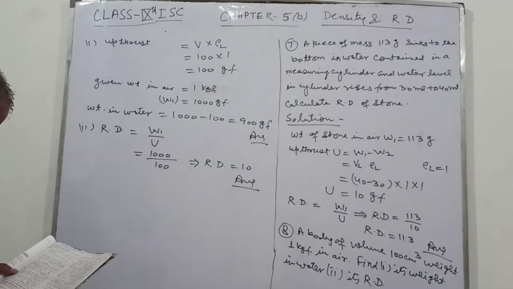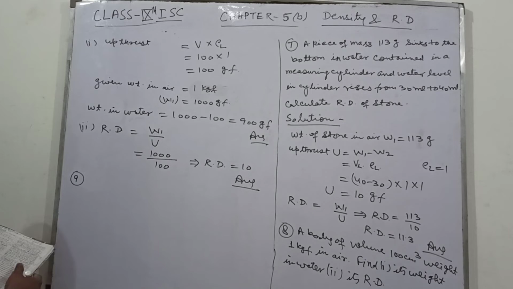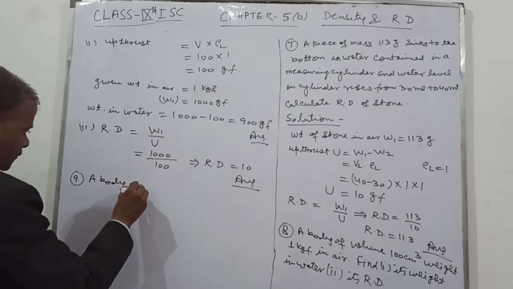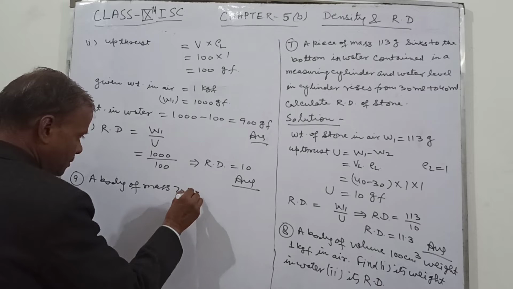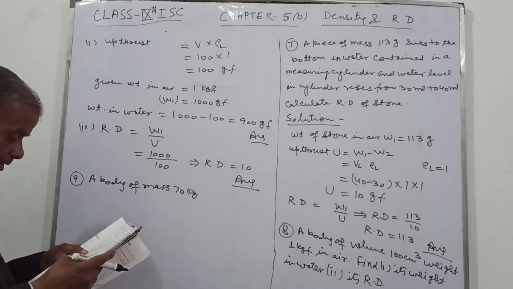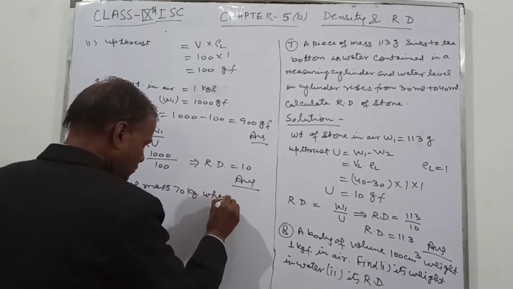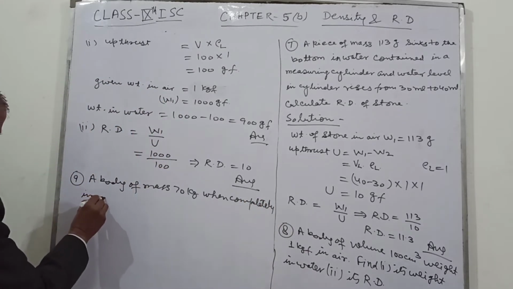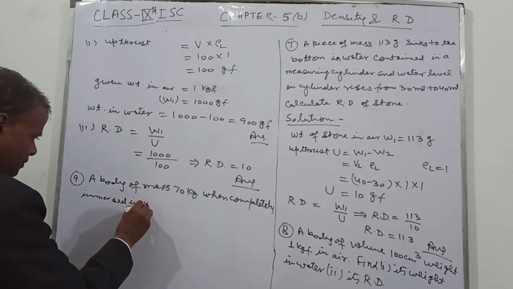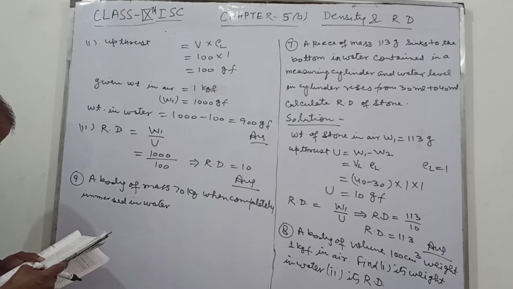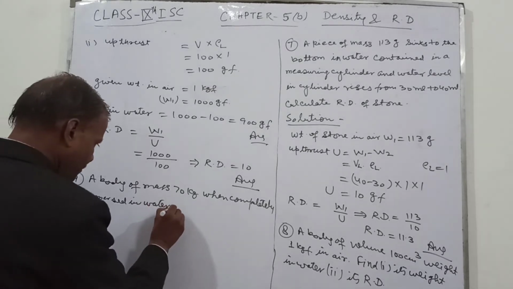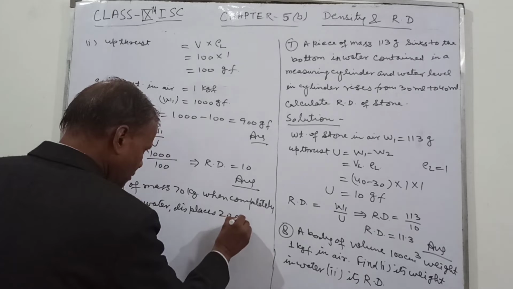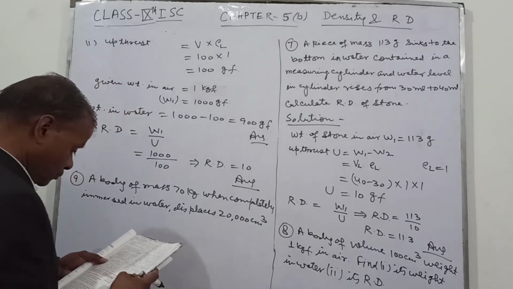And then question number 9. A body of mass 70 kg, when completely immersed in water, displaces 20,000 centimeter cube of water.